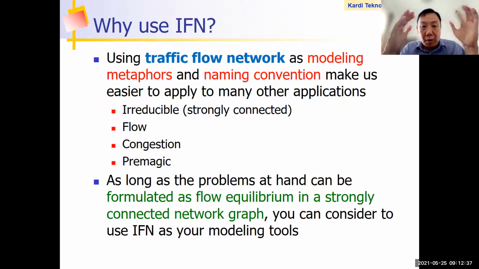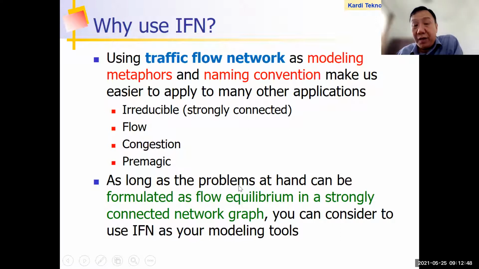As long as the problem at hand can be formulated as flow equilibrium in a strongly connected network graph, then you should consider using IFN as your modeling tool. So it's not just for traffic. Originally, it was developed for traffic, but now we can use it for many other applications.